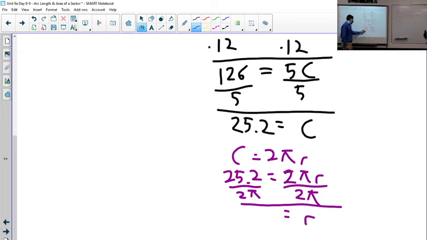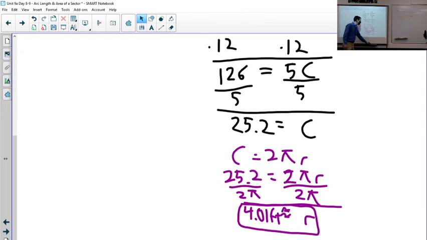So r divides out to be around 4.01, and our units are in feet. So that ends up being our radius.